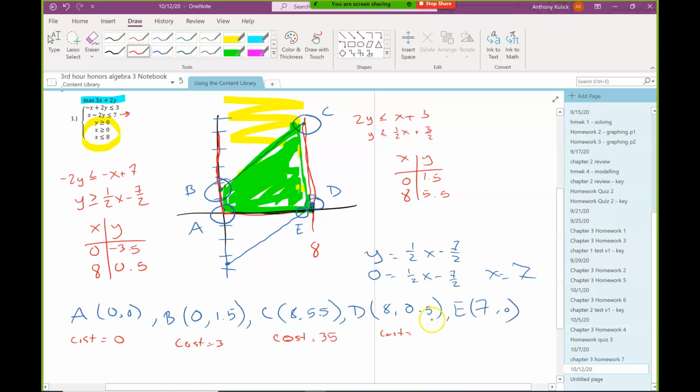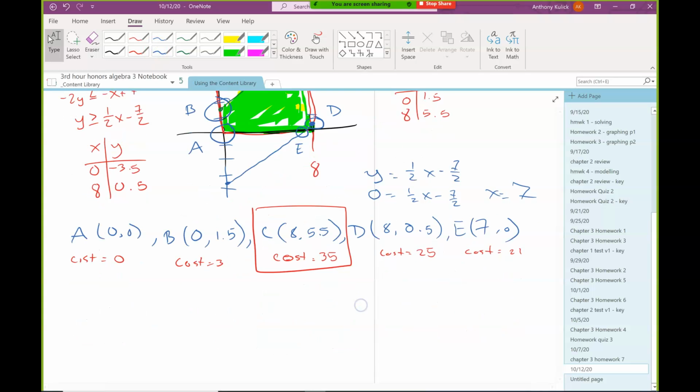For D, the cost is 24 plus 1, so 25. And for E, the cost is 21 plus 0, just 21. So that's our winner. So the answer is x equals 8 and y equals 5.5.